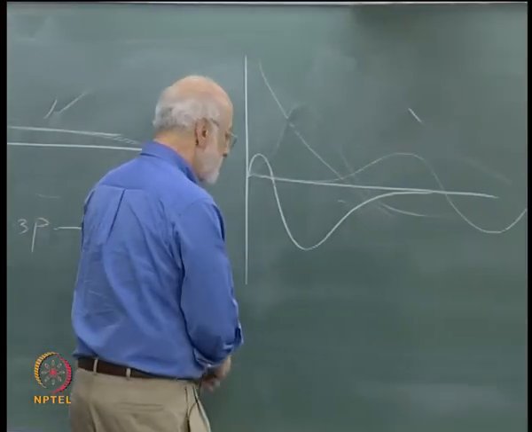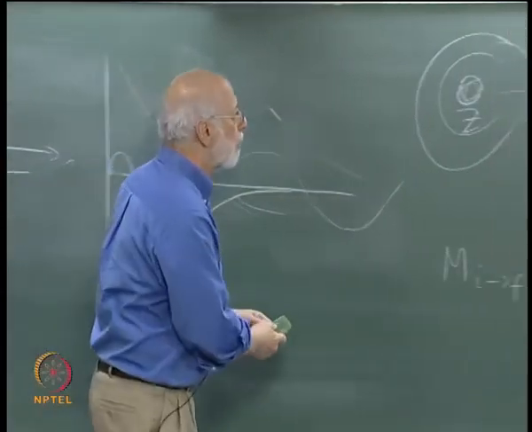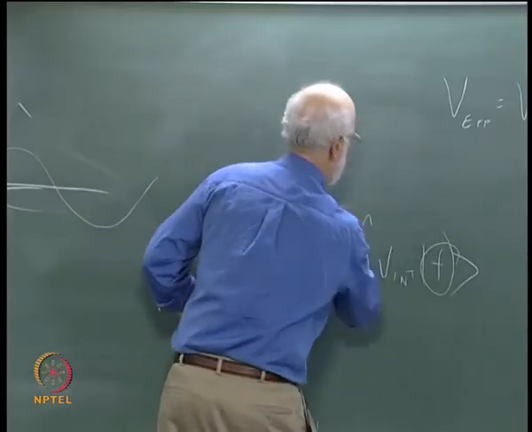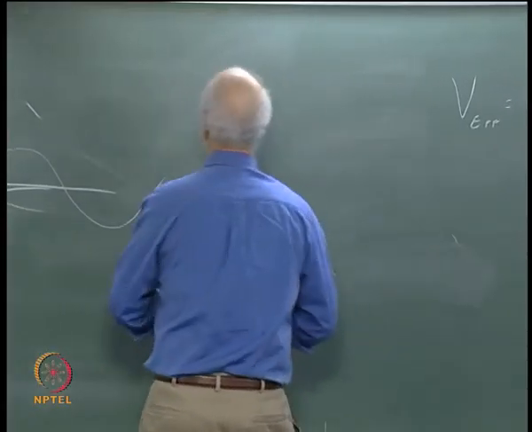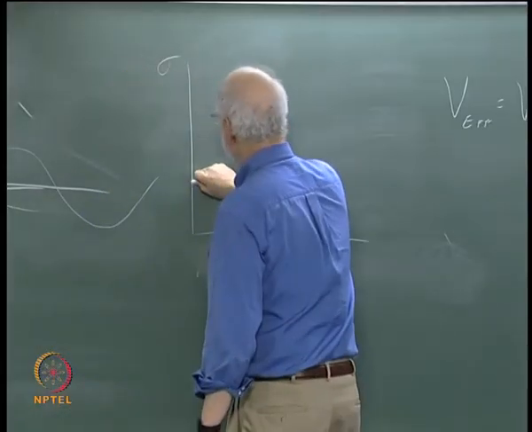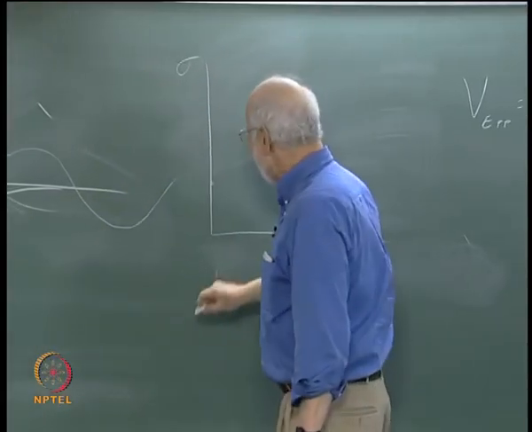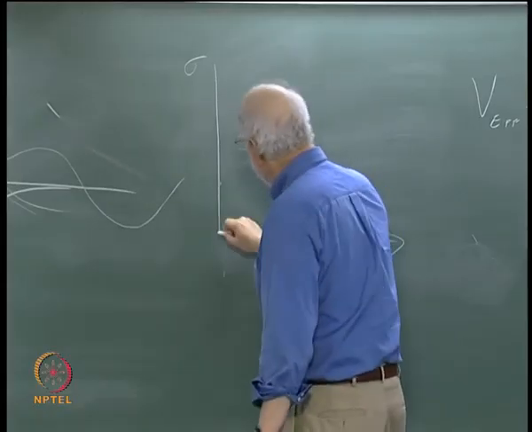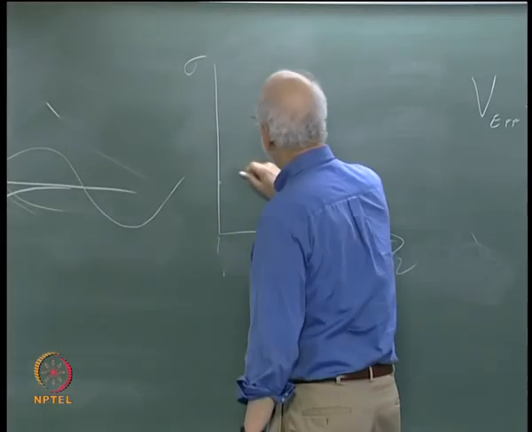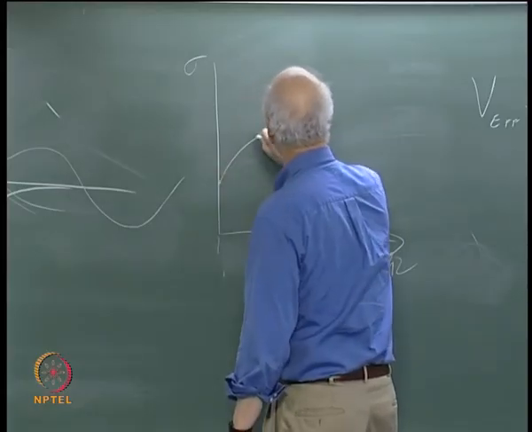So as far as the cross-sectional probability is concerned, it's going to be smaller at first. This is as a function of E. Let's say this is the threshold energy. This is H nu.